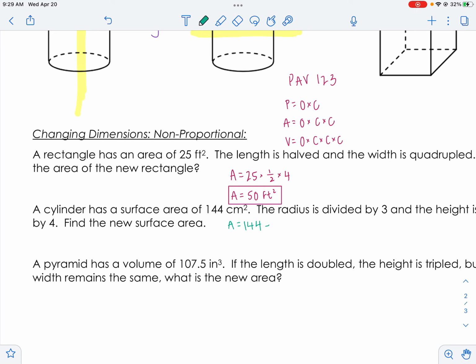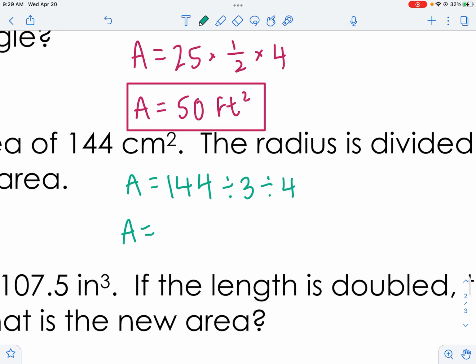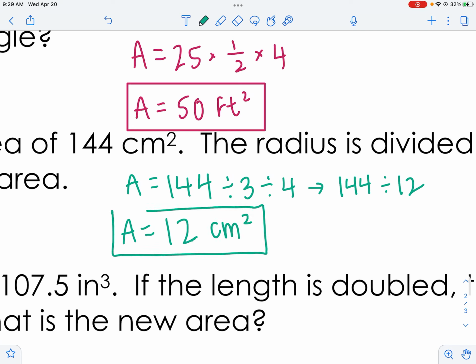Well, they said that we're going to divide it by 3, and we're going to divide it by 4. So we actually don't really need a calculator for this. If you divide something by 3 and 4, really you're going to take the value and divide it by 12. So what's 144 divided by 12? Well, my new area would shrink big time. It would go from 144 centimeters squared to only 12 centimeters squared.